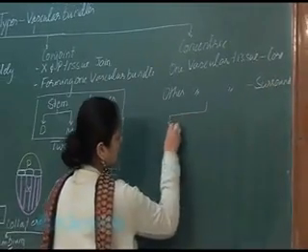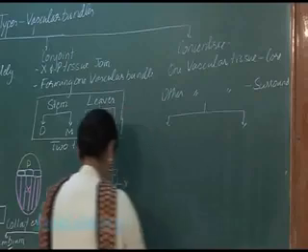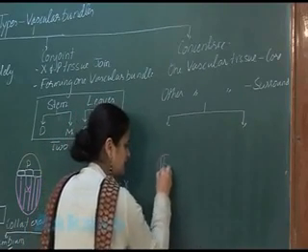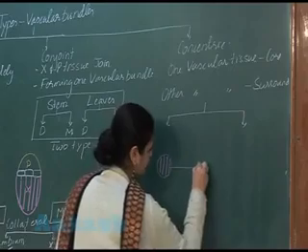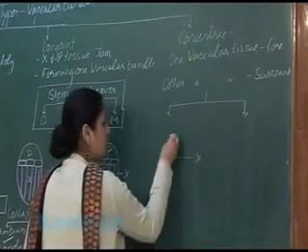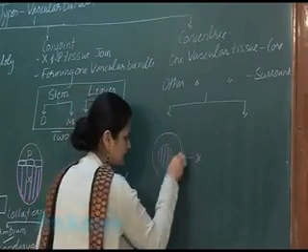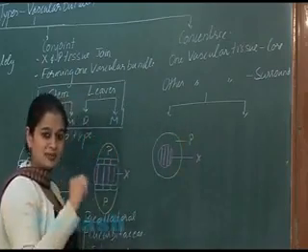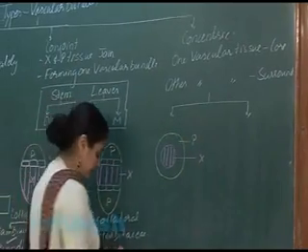Two conditions can be seen. First condition, in the center there is presence of xylem. All around it is surrounded by phloem. Center में xylem, आसपास phloem.